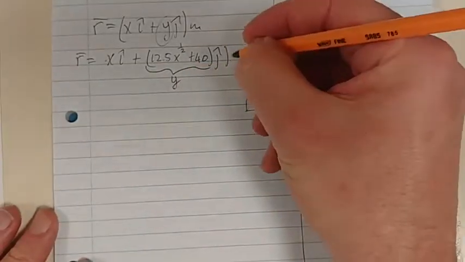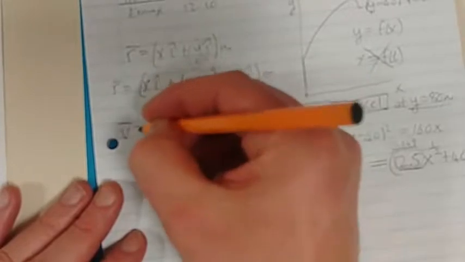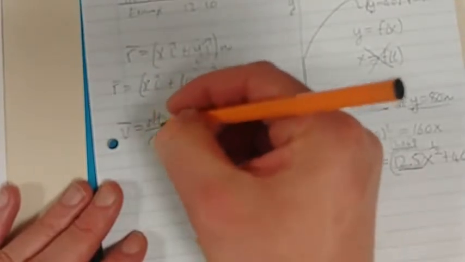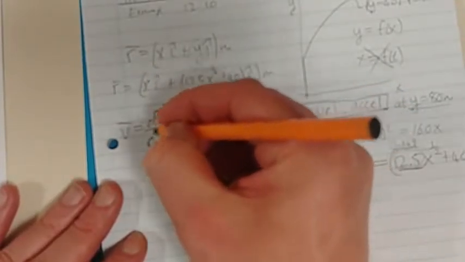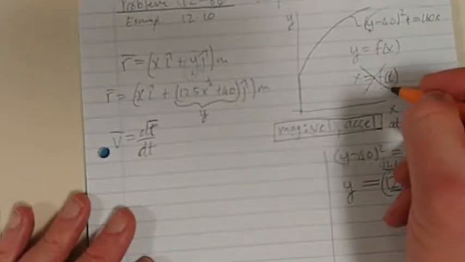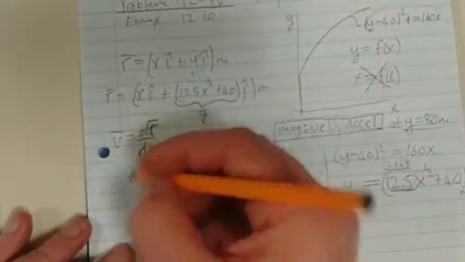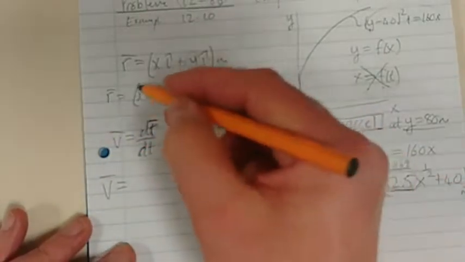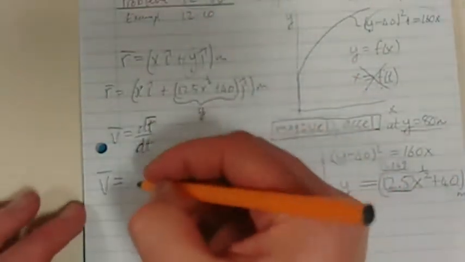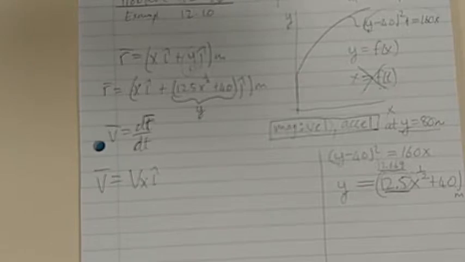Now if we want velocity, we know that velocity is dr/dt, but because we do not have x as a function of time explicitly, we are going to have to use the chain rule. So v is equal to, what's that? x dot is just vx. I don't know why this is not focusing.